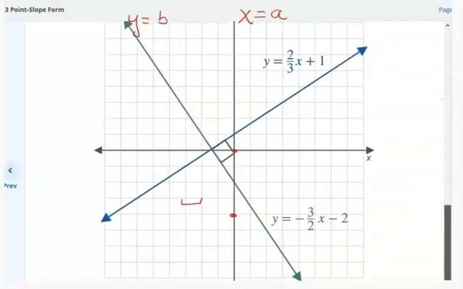Now, as we look at the slopes, here this slope is 2/3, and this slope is a -3/2.